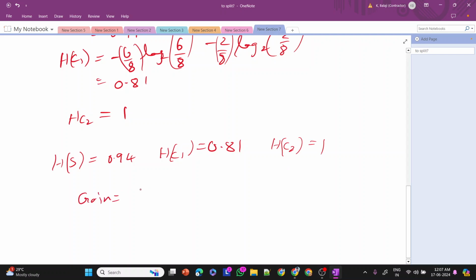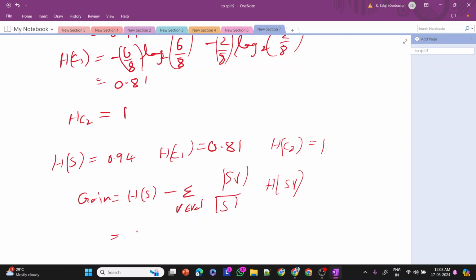The gain formula is H(S) minus the summation over values v of |Sv|/|S| times H(Sv). H(S) we already computed, that was 0.94, minus |Sv|/|S|. There are two child nodes, C1 and C2.